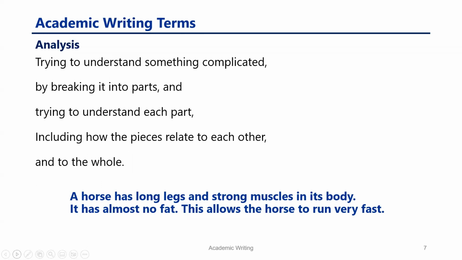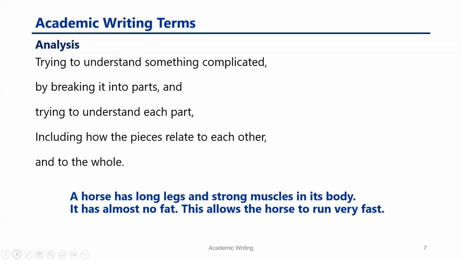Another term that we're going to use in this discussion is analysis. Analysis is trying to understand something complicated by breaking it into parts and trying to understand each part, including how the pieces relate to each other and to the whole.